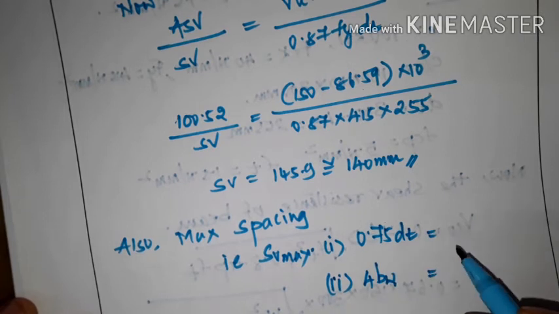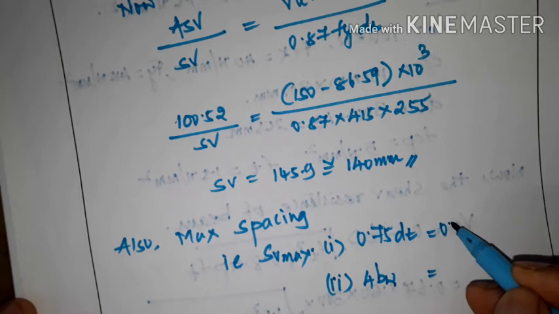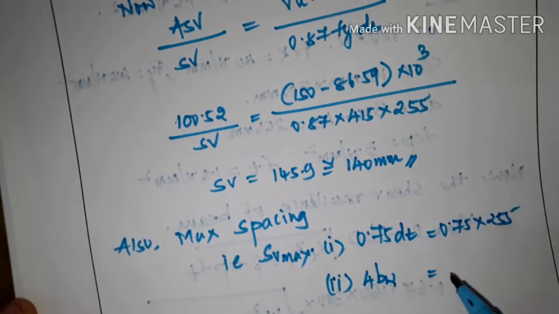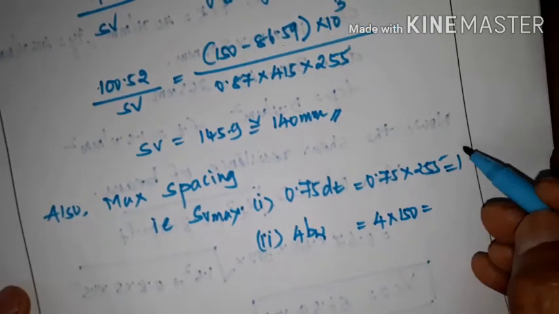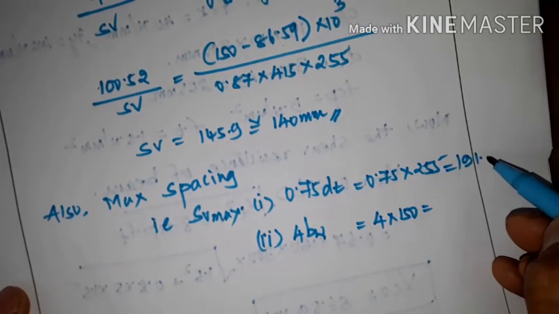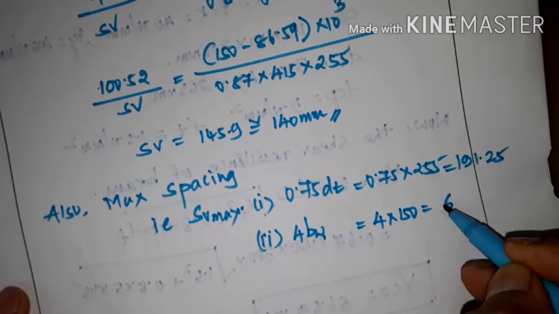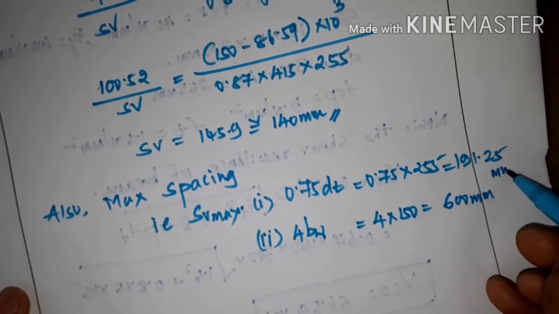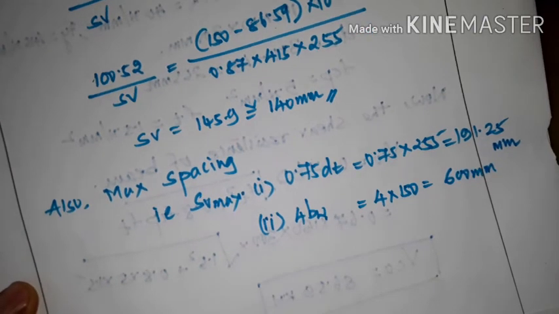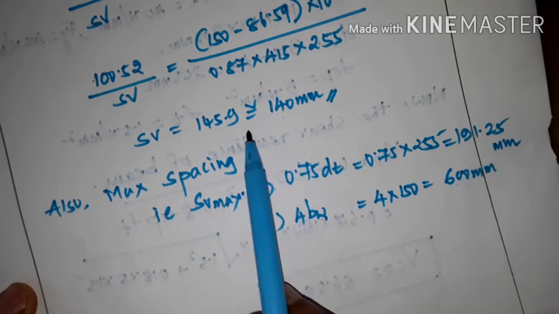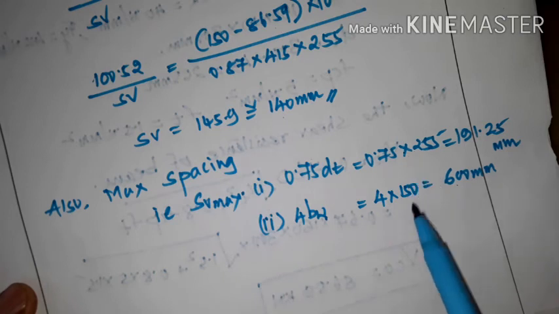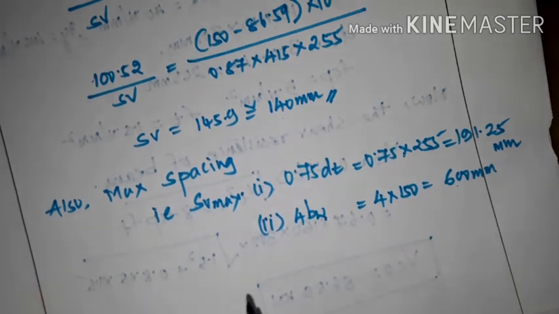So 0.75 into 255 and 4 times BW, BW is 150. So we will get this as 191.25, and this as 600 mm. Okay, and in both the conditions our spacing is less. First is 191, second is 600. So our spacing is 140, which is less than both the conditions. So it is okay.